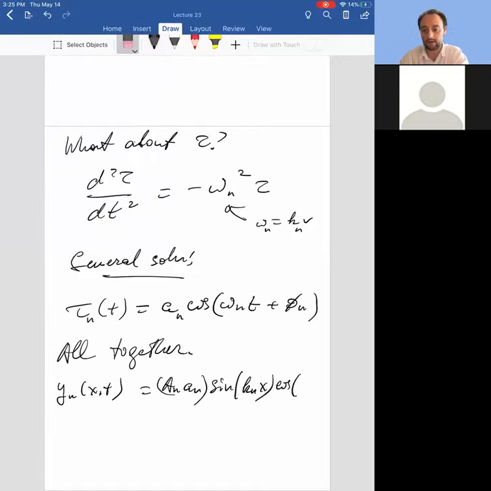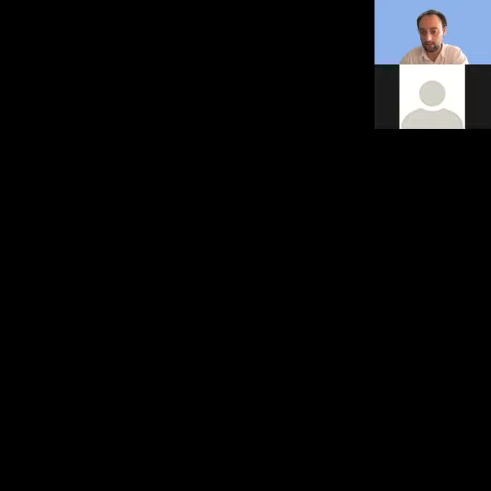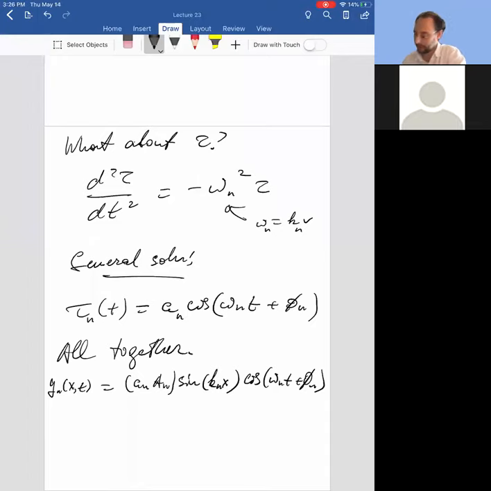You realize that this is a product of two coefficients, so I can rewrite this more simply as y0 sub n times sine knx times cosine of omega n t plus phi n.